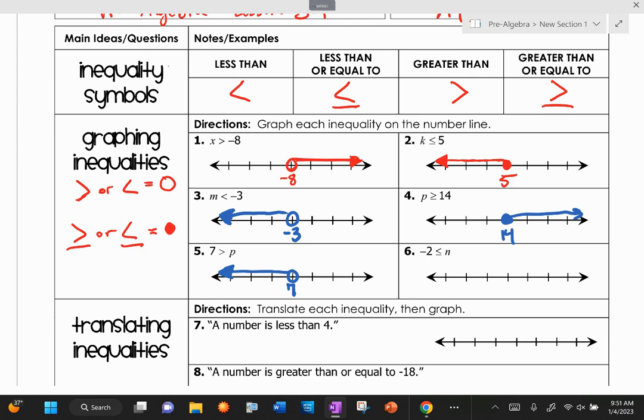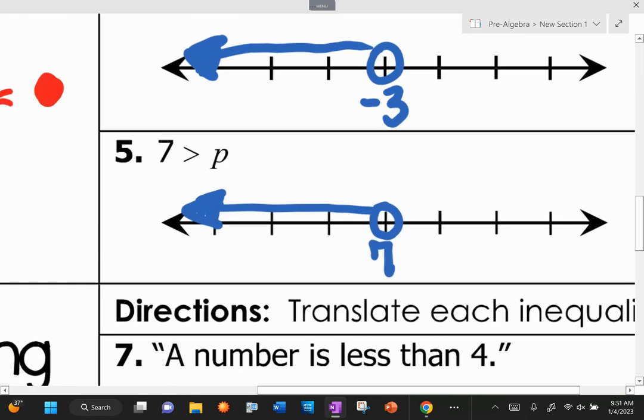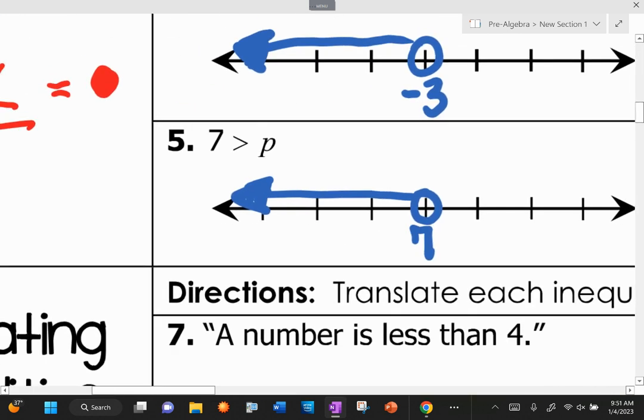So if we're looking at 7 is greater than P, the smaller part of the inequality sign is pointing towards what? The P. So if I want to flip it, I just need to make sure that the smaller part is pointing towards the P, okay? Then you can flip it and read it left to right, and it's a little easier for you.